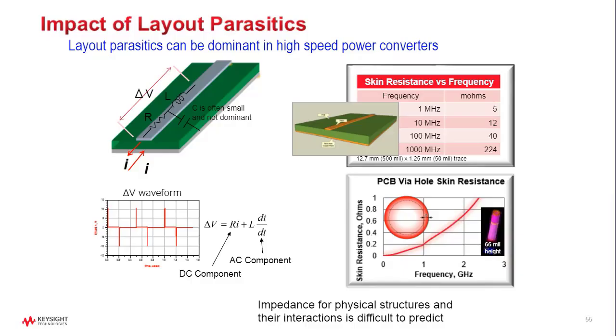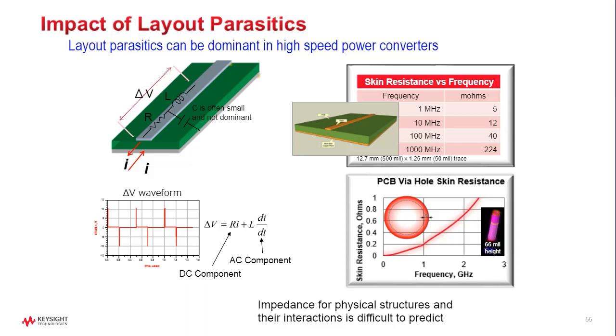Let's talk about artwork, layout parasitics. Every trace has associated with it inductance. If I run a wire, whether it's a piece of number 30 gauge wire or it's a trace, it has inherent inductance. And in the layout, it's hard to predict what that would be without running the analysis of an EM extraction.